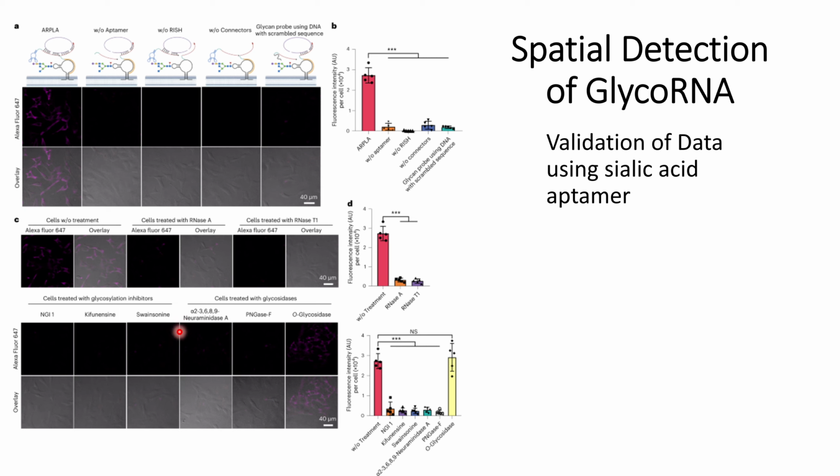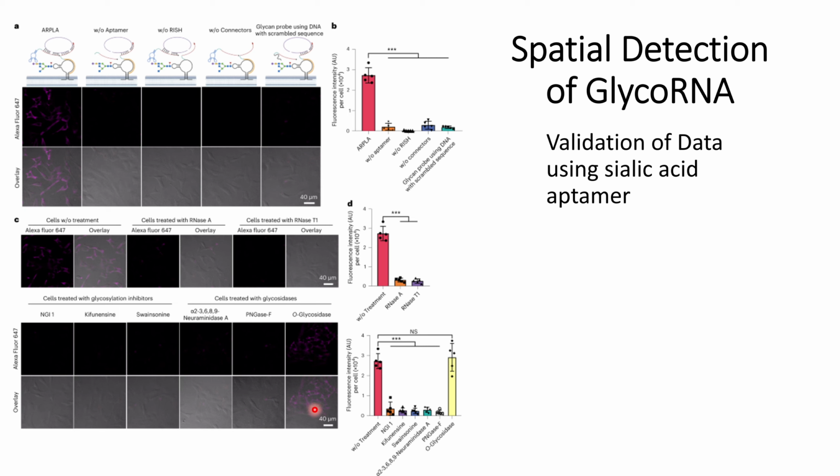Next they use neuraminidase to treat the cells, to cleave the sialic acids from the glycan structures. In this case also they do not see any signals, and with PNGase F also they do not see any signals. However, when they treat the cells with O-glycosidase, they see signals because N-glycosylation still has the sialic acids present, so it will give the signals.